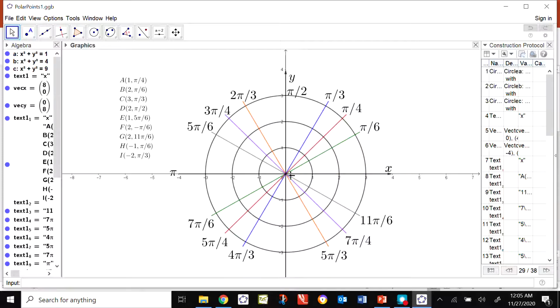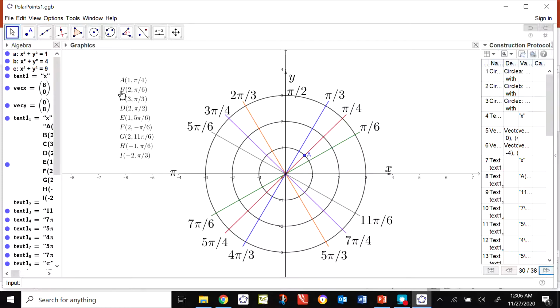So I should go to that radius, and also I need to pick this pi fourths line segment. So A would be that point. Would you agree with me? We need to draw 1 and pi fourths, right? Is that point on the pi fourths angle from the positive x-axis? Yes. And is it at a distance of 1 unit from the origin? Yes. That's it.